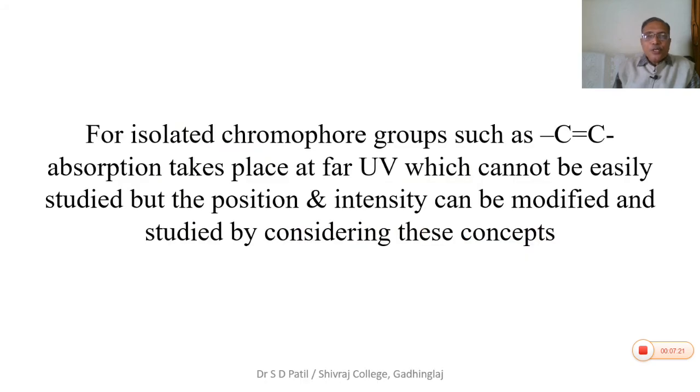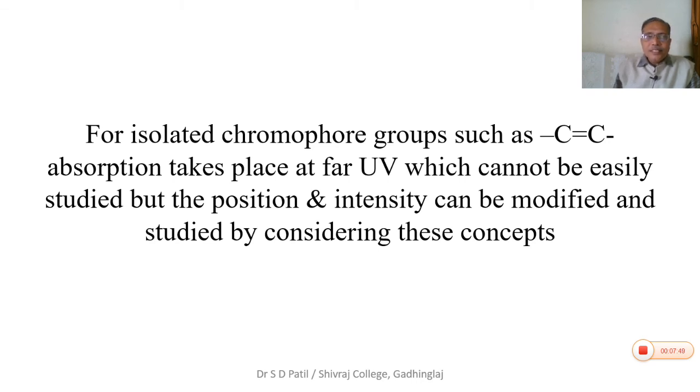So what is the reason behind studying these various concepts? Certain compounds do not absorb in the UV region properly, and their structure cannot be explained properly. For isolated chromophore groups like carbon double bond carbon, absorption takes place at far UV, which cannot be easily studied, but the position and intensity can be modified and studied by considering these concepts.